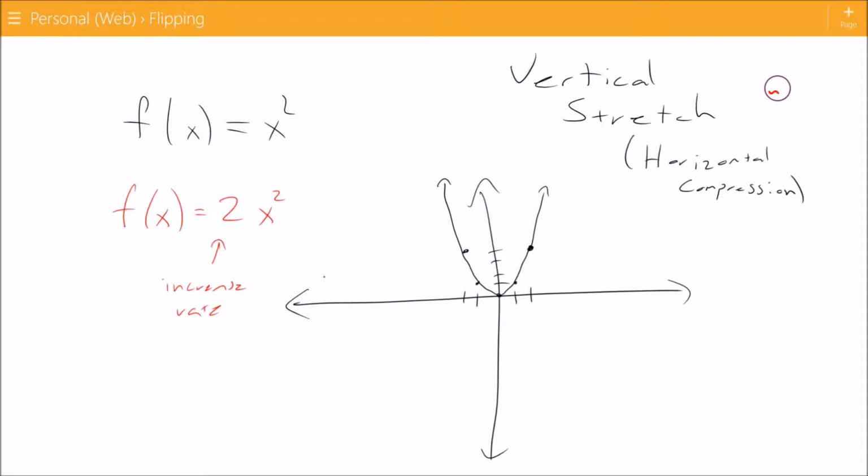So if I start plugging this in here, if I do f of 0, I'm still going to get 0, so I get the point 0, 0. That's the same. I can plug in some other points here. If I plug in 1 for x, it would normally get me 1 under the original function, but since I'm multiplying by 2, that's going to give me 2.